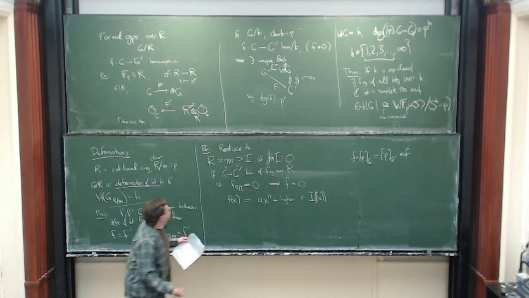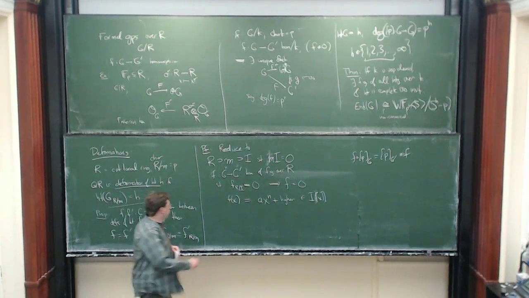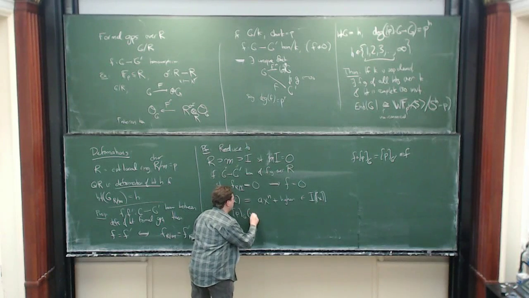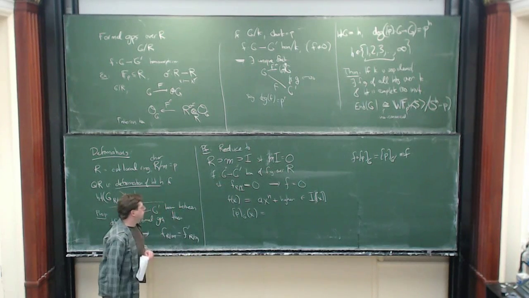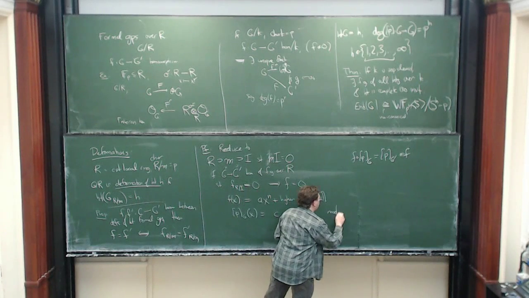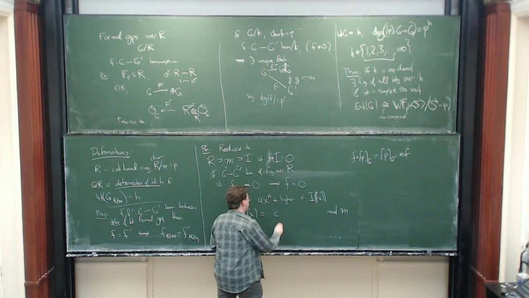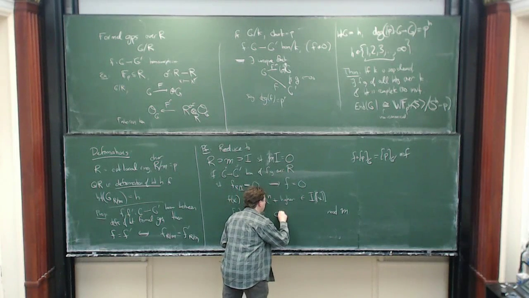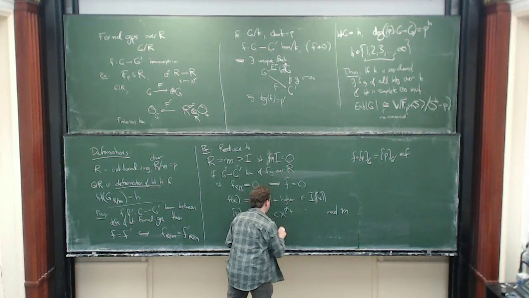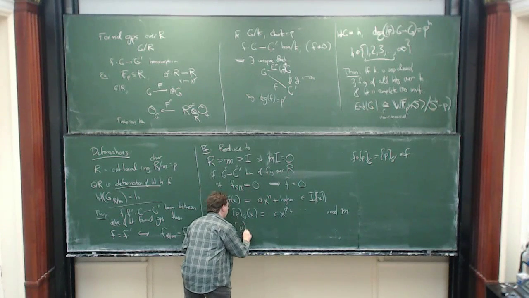Now, these are supposed to be deformations of a height h formal group, so I can write this. The p-series of g is going to look like, well, mod the maximal ideal m, some unit c, let's say, times x to the p to the h plus higher degree terms. And similarly for g prime.